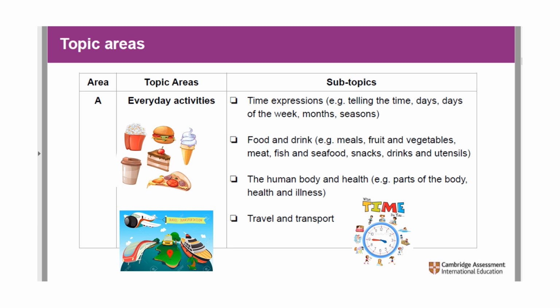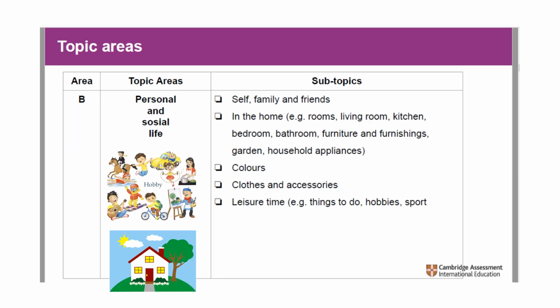What is topic area B? Right, so area B is personal and social life. So these are again easy, common topics, the ones that we are familiar with. We use these topics every day.